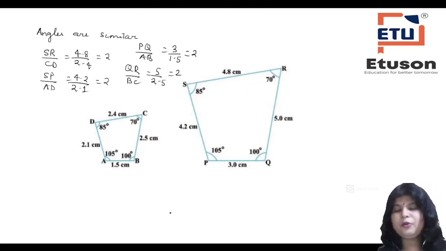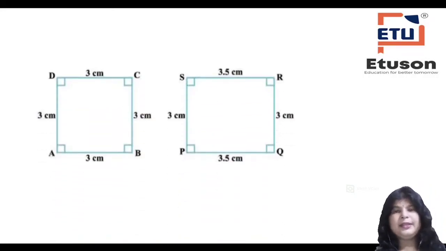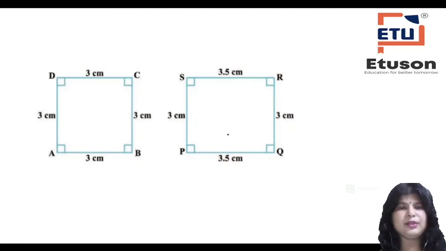Correct, children? Hope you have understood. Now let us take these two figures. Can you tell whether these two figures are similar? On the basis of angles, because all the angles are 90 degrees, the first condition is satisfied. But what about the representative fraction?